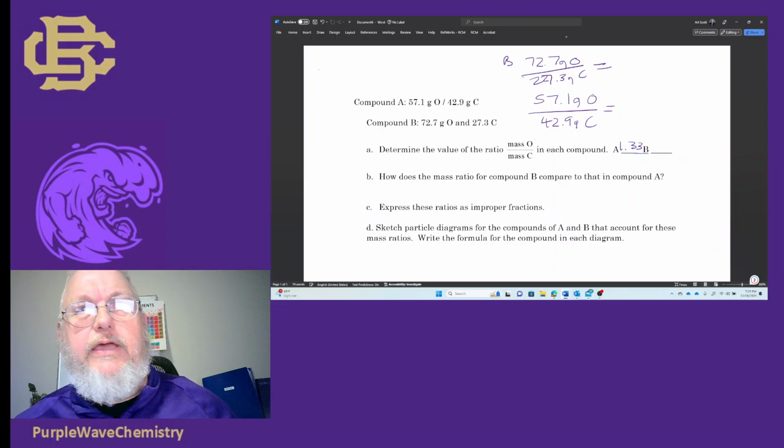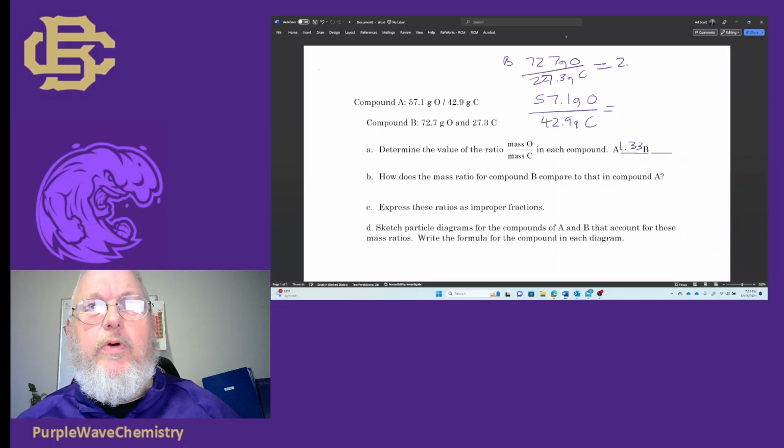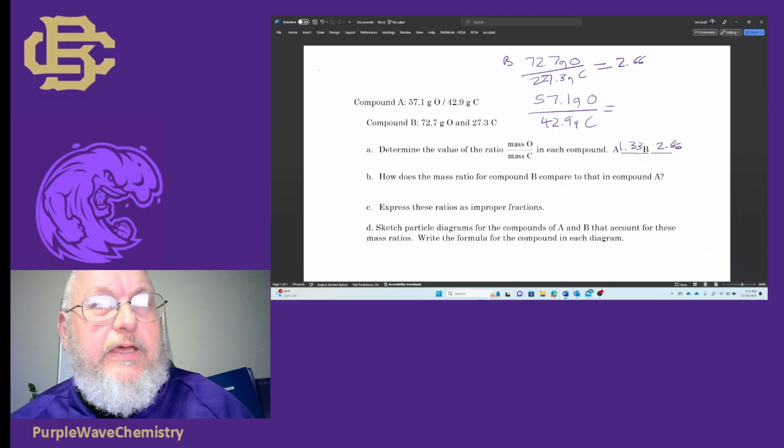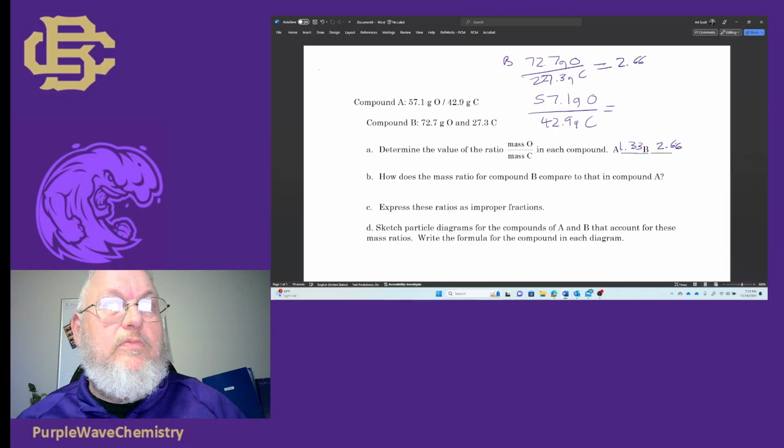And let's see, I calculate that and I got 2.66. So what that means is that for every 1 gram of carbon, the oxygen weighs 2.66. So what does the mass ratio compare? This is 2 times as much.